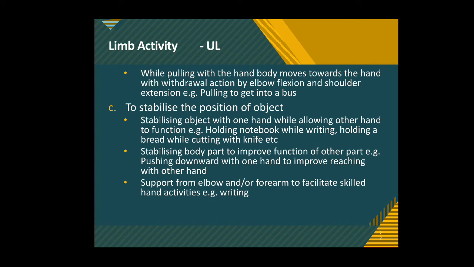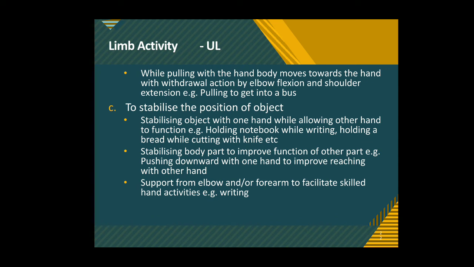The next prime main action of the upper limb is to stabilize the position of an object. The examples are holding a notebook when you are writing or holding a bread while you are cutting with a knife. In these examples, we are stabilizing an object with one hand while allowing the other hand to function.